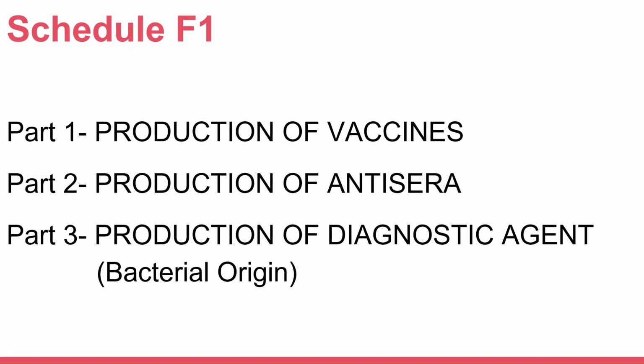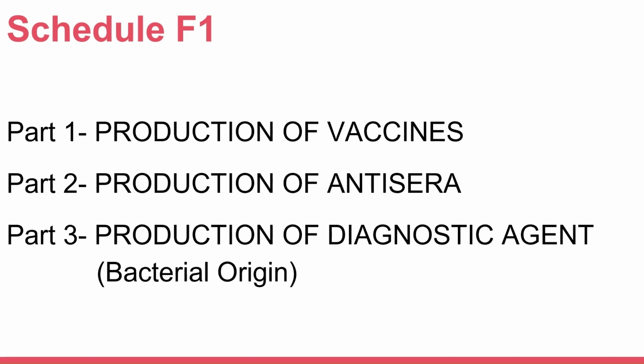Part 1 is the details about production of vaccine. Just remember that this is not a list of vaccine. List of vaccine is given in Schedule C and C1. Schedule F1 is not the list of vaccines.